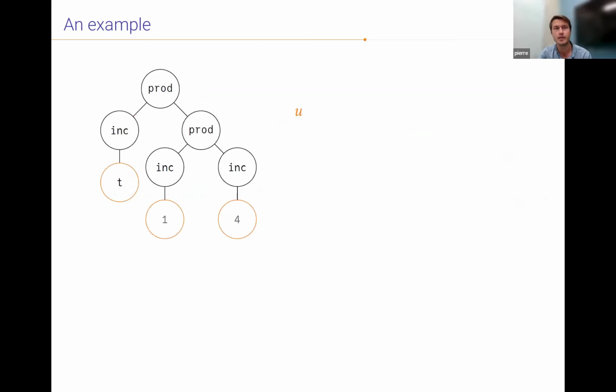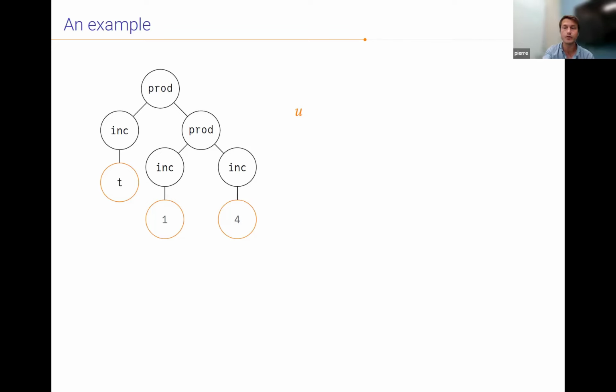So I will try to illustrate the problem on an example. It's basically the same example as before, but you see that I removed the pi1 and pi2 because I wanted all the data to be relevant in some way. So I have my term U, which is represented by the tree on the left.